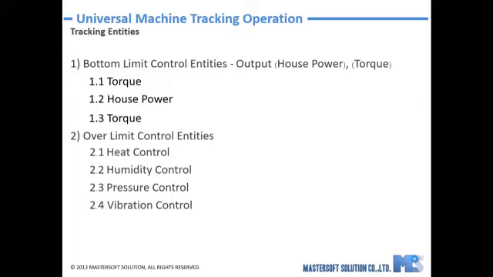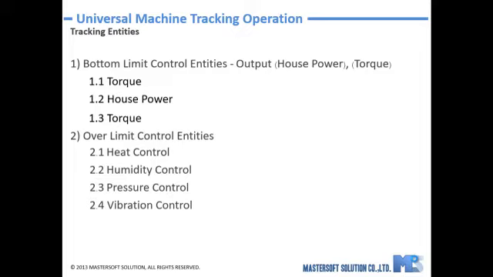What is this? It is the output of the machine, which we can separate into two things. The first one is torque. The second one is horsepower. So we need to guarantee that these two things are working in a good specification as they should be.